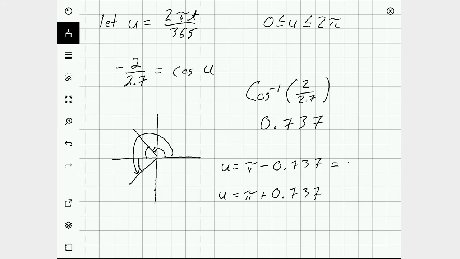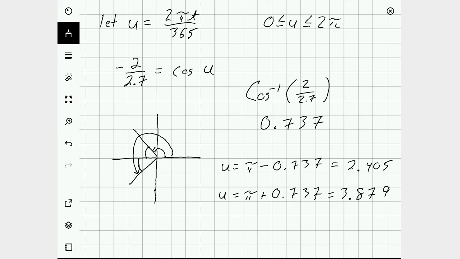Those come out at 2.405 or 3.879. These are the two possible values for u between 0 and 2 pi. And as we saw on the previous page, if we keep u between 0 and 2 pi, that will ensure that t is between 0 and 365.